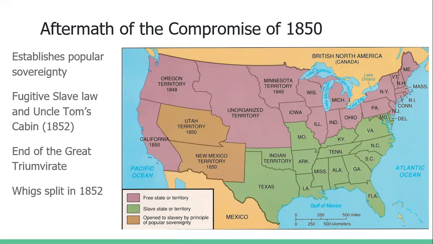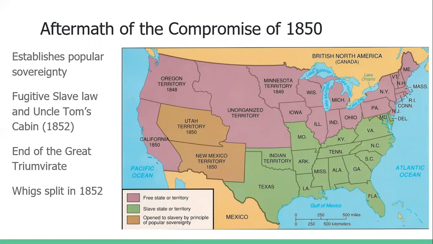Now, we see something here called the end of the Great Triumvirate. This is referencing a triumvirate, or an alliance, between three statesmen in American politics, and these three men dominated politics at this time for a lot of the first half of the 1800s.